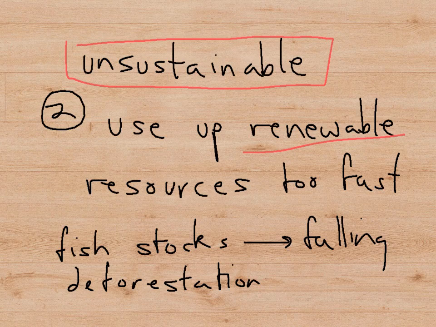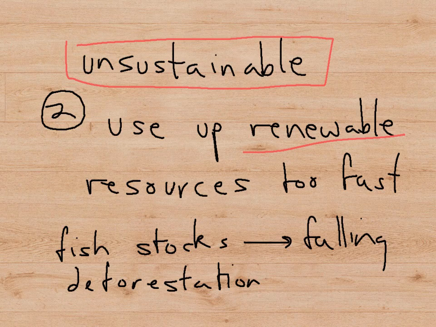and this is another example of unsustainable economic growth because we are cutting down the trees far too fast, and this is not allowing us to replace them. So this is another example of unsustainable economic growth that we can have, using up renewable resources, but using them up too quickly.